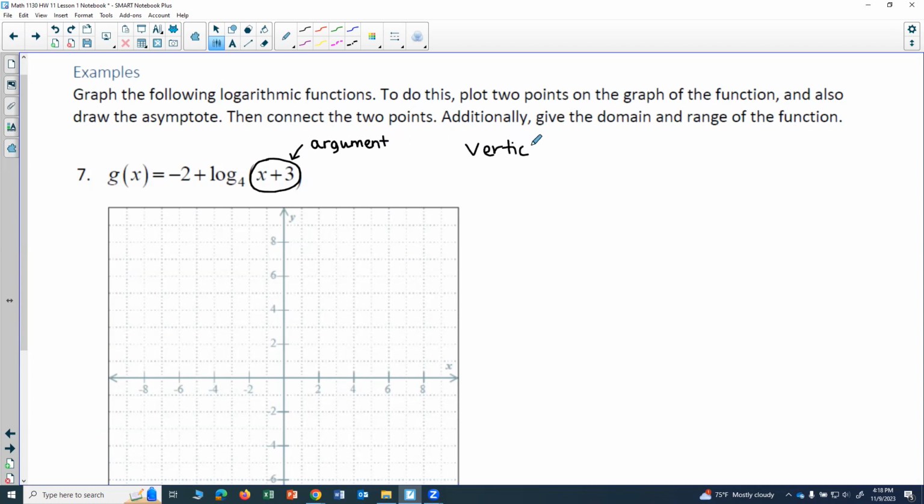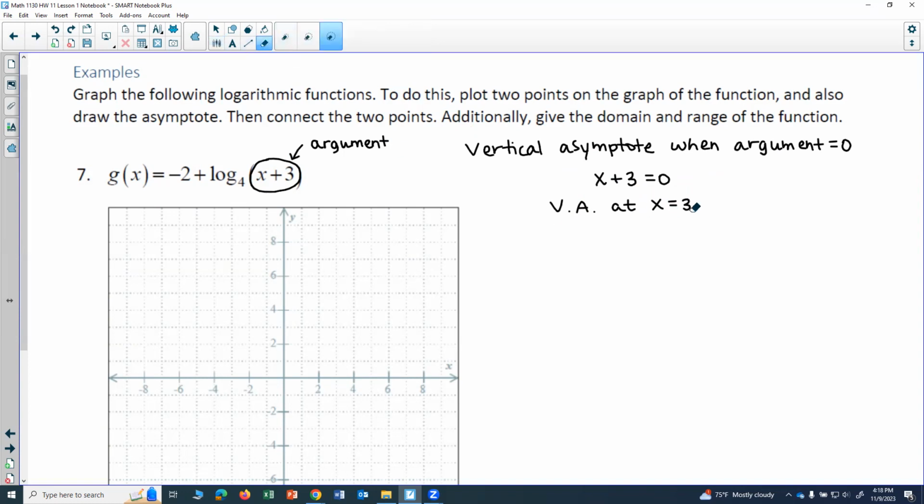So I'm going to say x plus 3 equals 0. And so that gives me a vertical asymptote at x equals -3. I have to solve for the x there, so I'm going to put x equals -3.